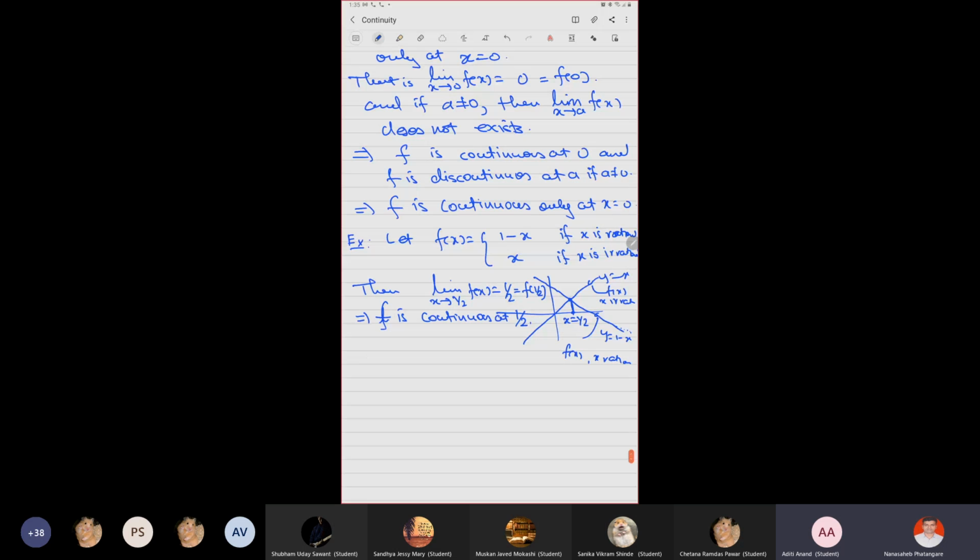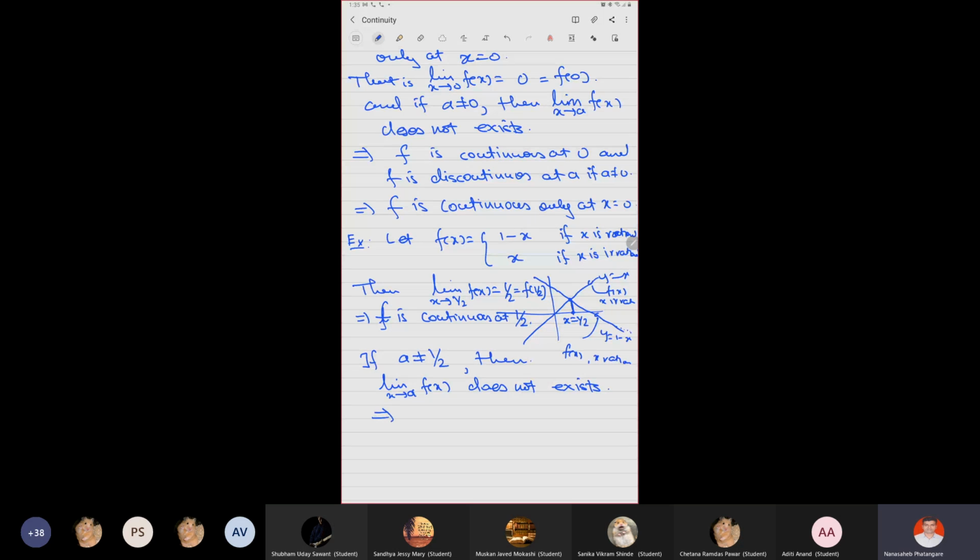But if a is not equal to half, then the limit as x tends to a of f of x does not exist. Right?